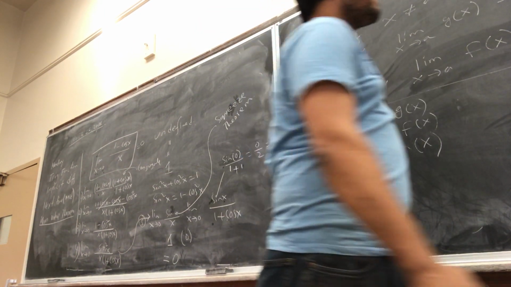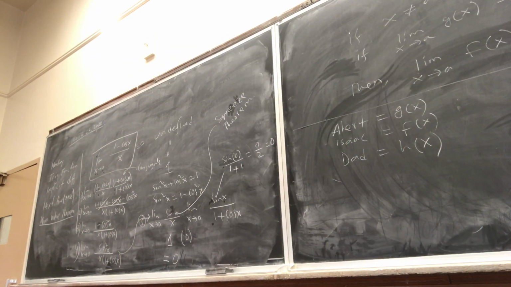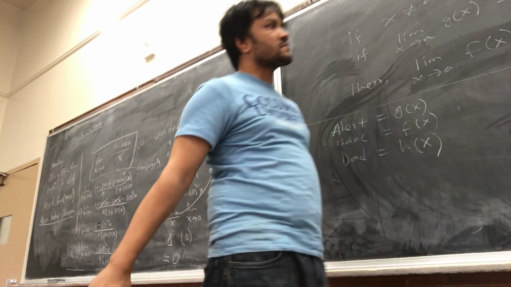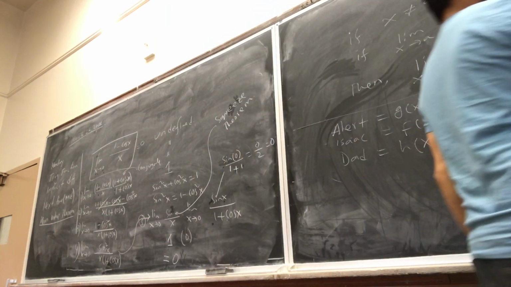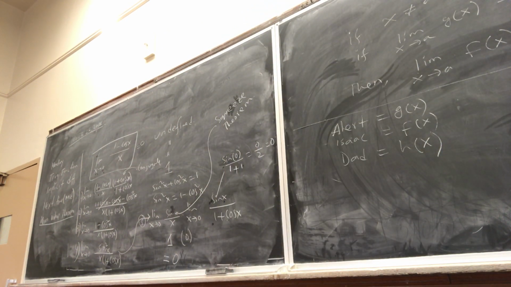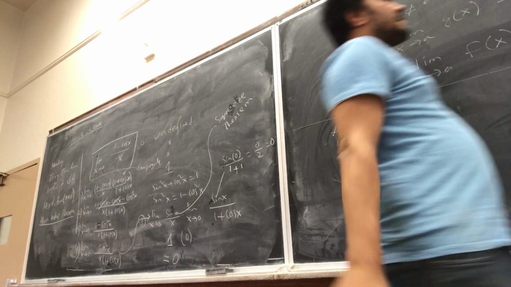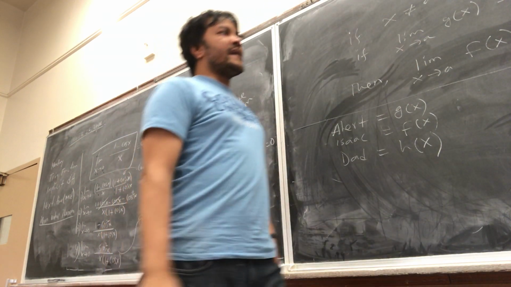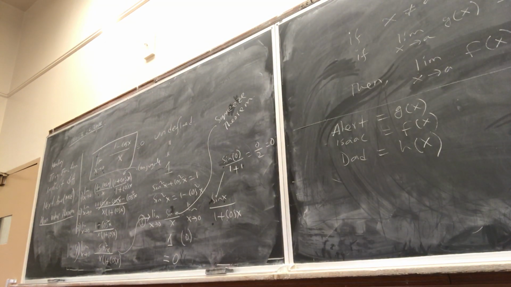You can show it by graph. If this is your graph, this is your a. So x cannot be a.